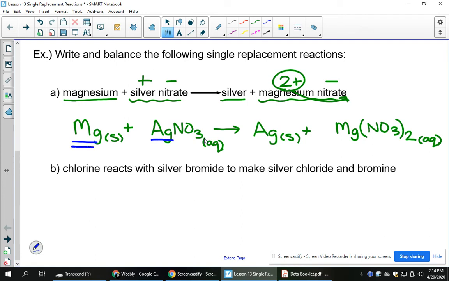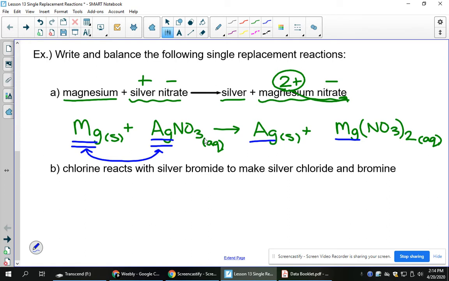One is by itself, and one is part of a compound. Single replacement is the switching of the two metals. You can now see that silver is by itself, whereas before it was in a compound, and magnesium has switched to be with the nitrate. This is what single replacement looks like.